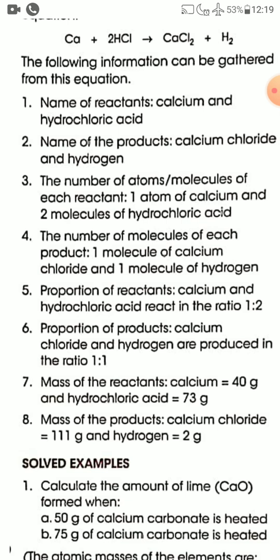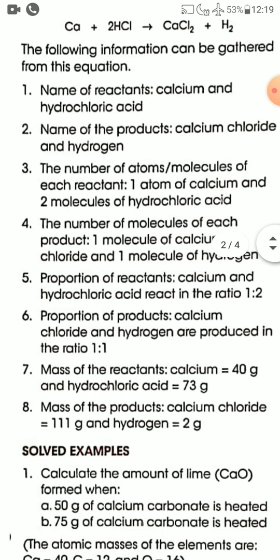And point number 5, proportion of reactants. What is the proportion of combination between the reactants? In this example, one calcium atom combines with two hydrochloric acid molecules. So the proportion of reactants is 1:2.